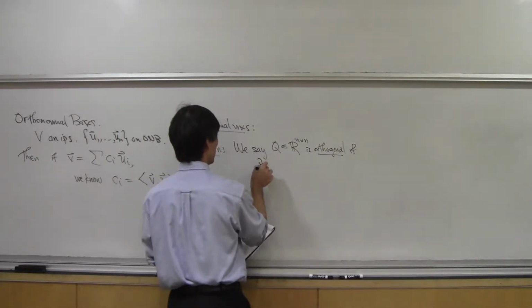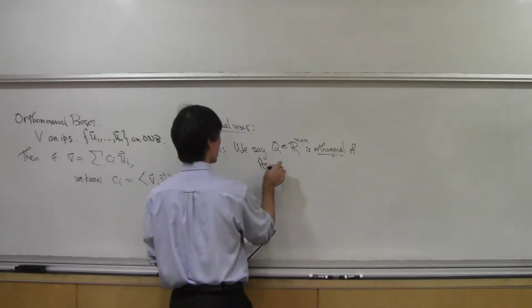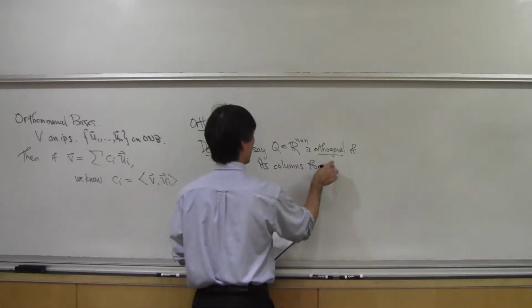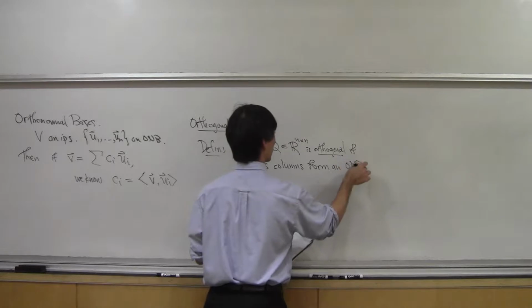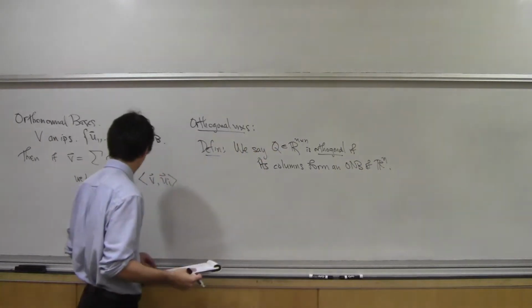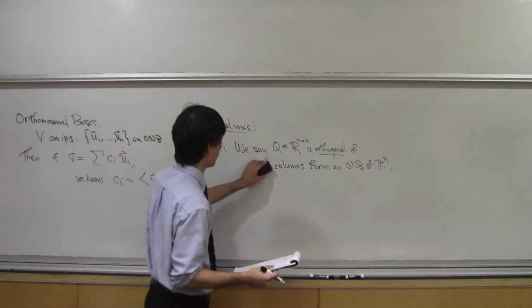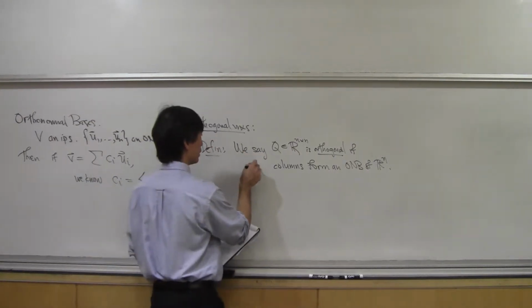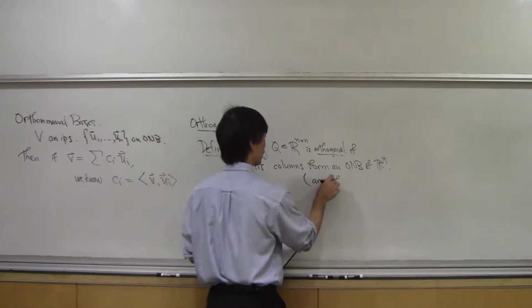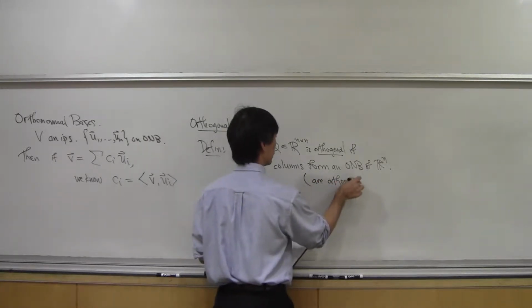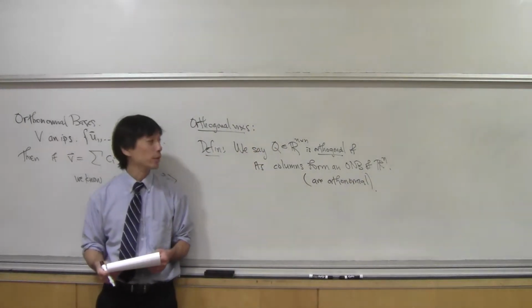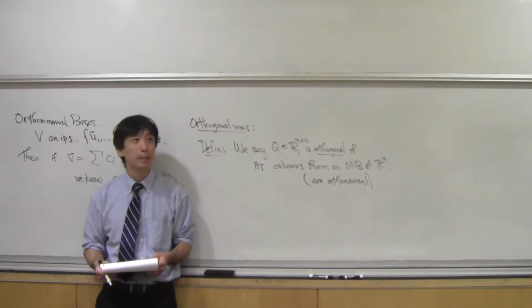its column vectors form an orthonormal basis of Rn. In other words, if its columns are orthonormal to each other.